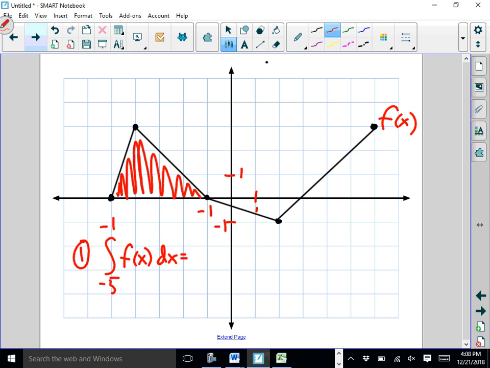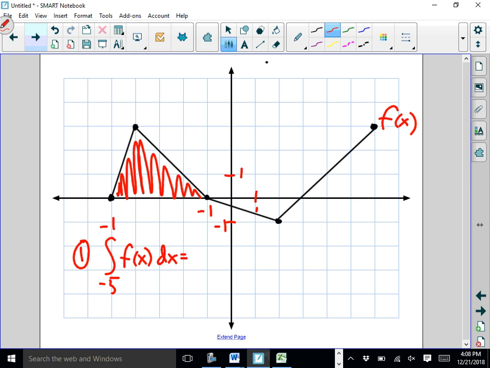Now you may say, well, I don't know how to do an integral yet. Well, that may be true, but get this. We can still calculate this because the area of that region is just a triangle, and I can always calculate the area of a triangle. What's the base of that triangle?